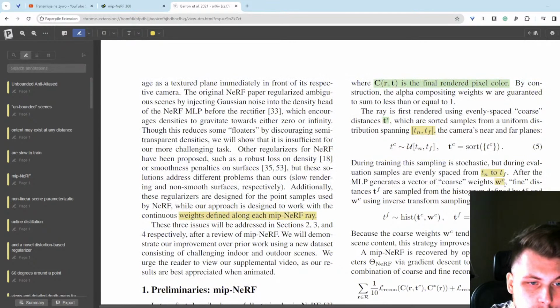this is the first vector that gives us a general idea where the density actually is in the space. Fine distances tf are sampled from the histogram defined by tc and Wc using inverse transform sampling.